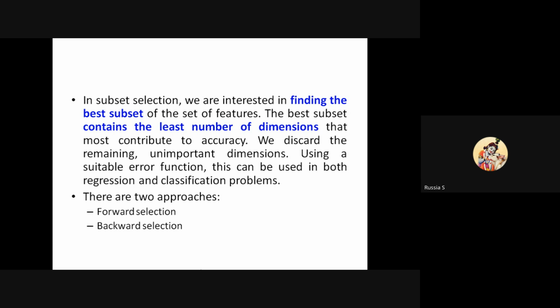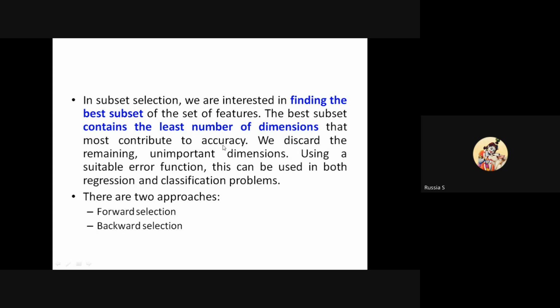In the subset selection method, we are interested in finding the best subset of the set of features. The best subset contains the least number of dimensions. This is the important one. If the subset of features gives more dimensions, again the complexity will occur. So the best subset contains the least number of dimensions that contribute most to the accuracy.